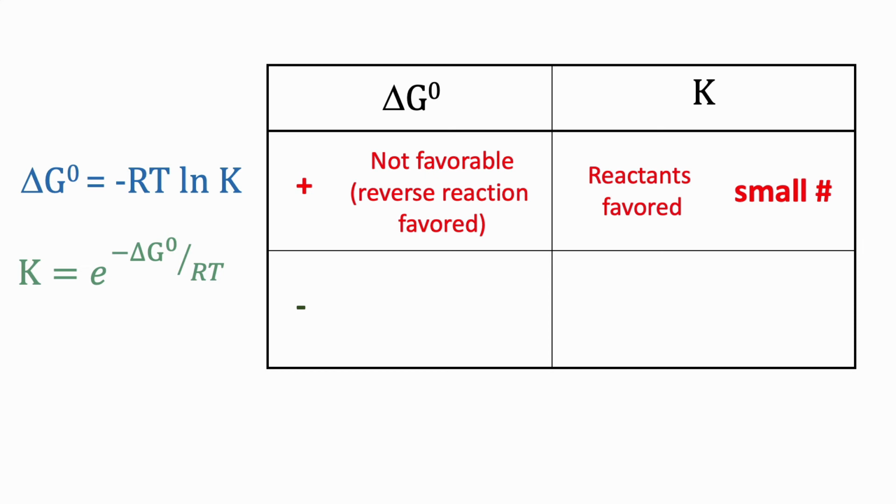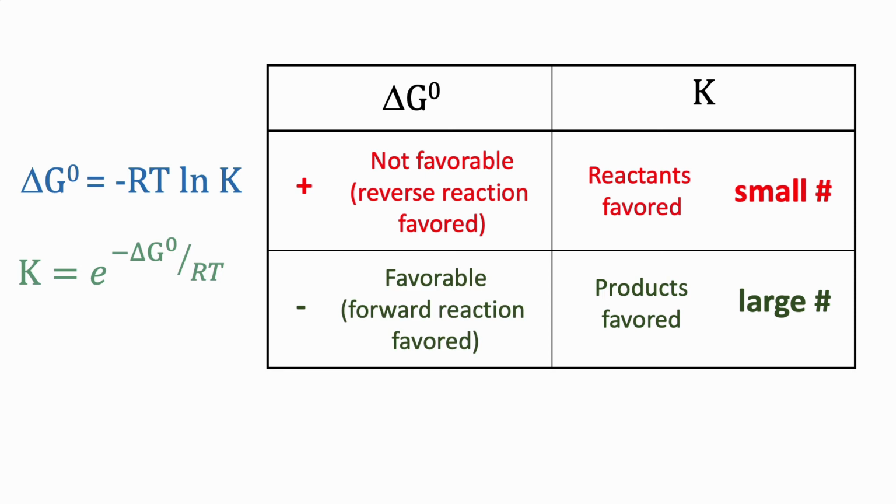And therefore, the delta G naught will be a positive value. By contrast, if you have a really large number for your equilibrium constant, that means that your system favors your products. You're turning reactants into products. Well, that's just the forward reaction, and therefore you will end up with a negative value for delta G.